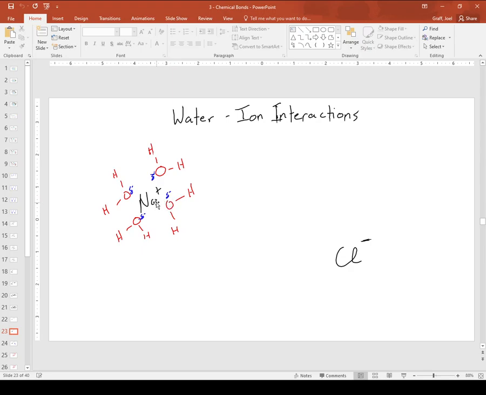And if the negatively charged region of the water molecules is pointed towards sodium, then if we had a negative ion like chlorine, we're going to have the water molecules arranged in different ways, but in each of these ways you have a hydrogen, which is partially positive charged, closest to the chlorine.